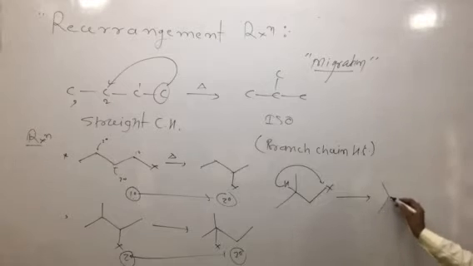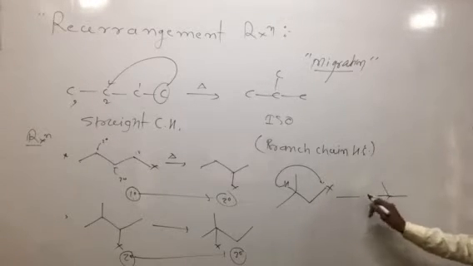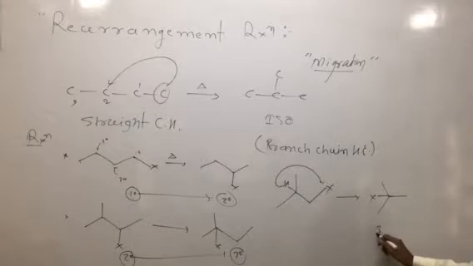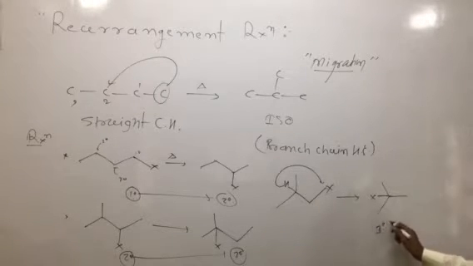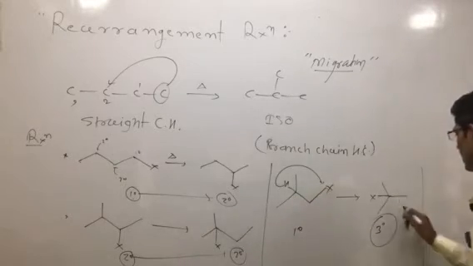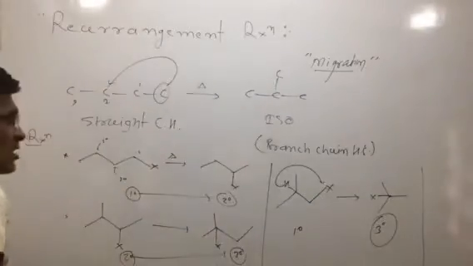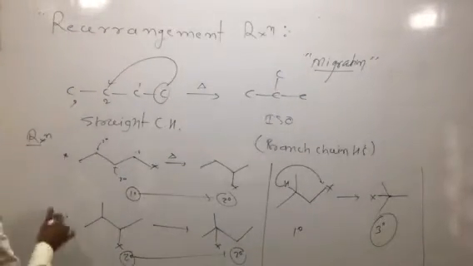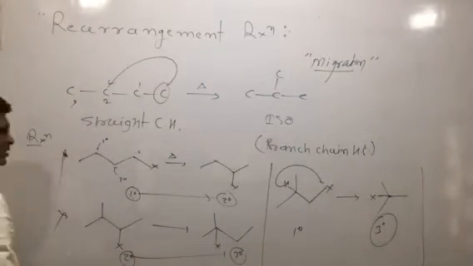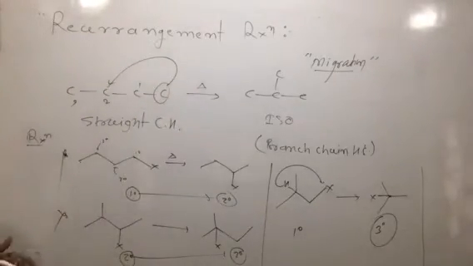So whatever compound is formed here is converted into a tertiary alkyl halide, so primary alkyl halide to tertiary alkyl halide. This is the aim, this is the output, and this is the result of such types of reaction, and we call it a rearrangement reaction.